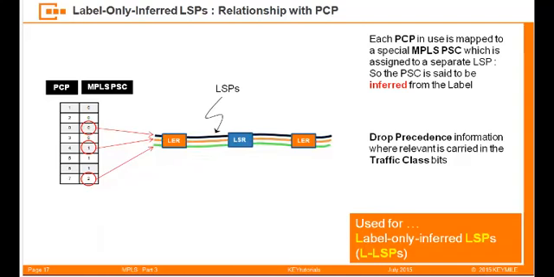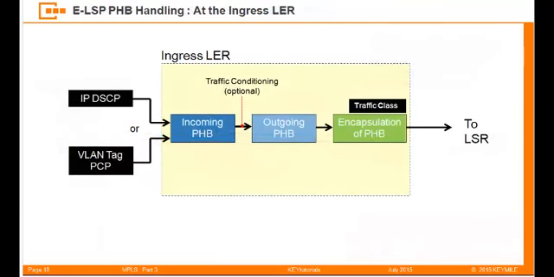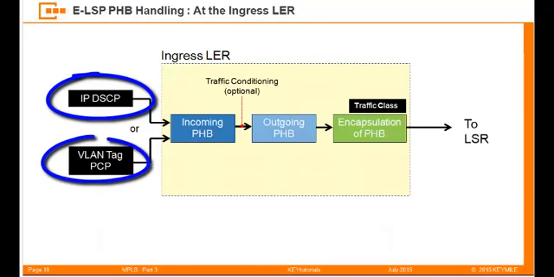So returning to ELSP, let's now look at how each LSR in the network transfers the priority information, or per hop behavior, at each stage. First, the ingress LER. The diffserv code point, or VLAN tag PCP, provide the input for mapping to the so-called incoming PHB.